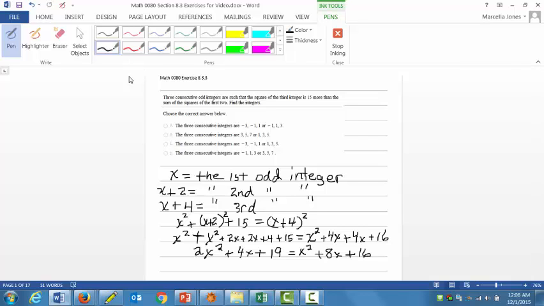All right, so we need to get this in standard form by getting a 0 on one side of the equation. So we're going to subtract x squared from both sides. We're going to subtract 8x from both sides. And we're going to subtract 16 from both sides of the equation to get a 0 on the right side.